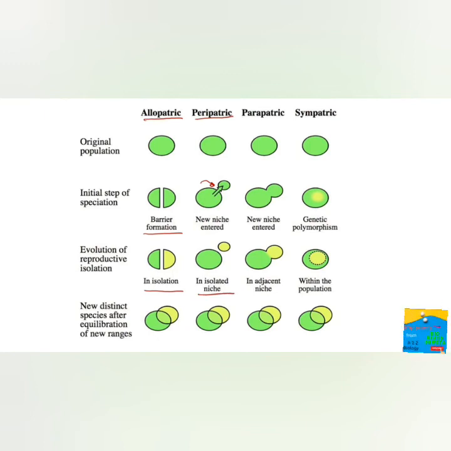In parapatric speciation, due to ecological changes, genetic differences occur leading to speciation. The evolution takes place in the adjacent niche. In sympatric speciation, ecological differences or random genetic differences take place in a small population which then reproduces and evolves within the same population or the same niche as that of the parent population.